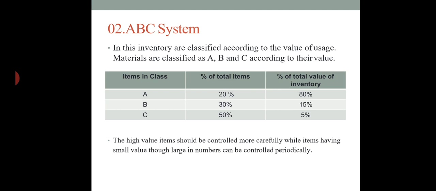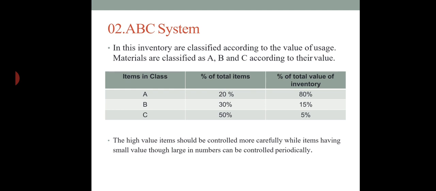The items in category B are relatively less expensive compared to category A, and the number of items in category B is moderate, so the control level is also moderate. Category C consists of a high number of inventory items which require lesser investment, so the control is minimum.